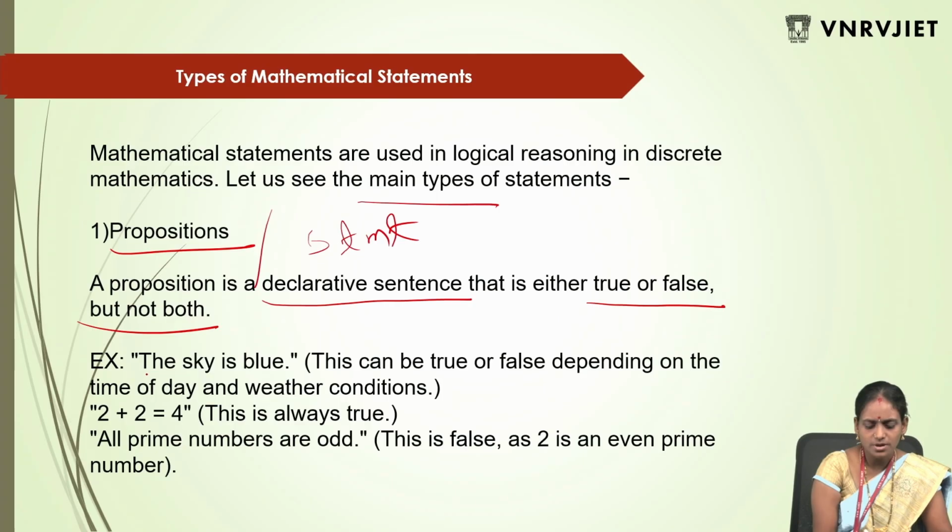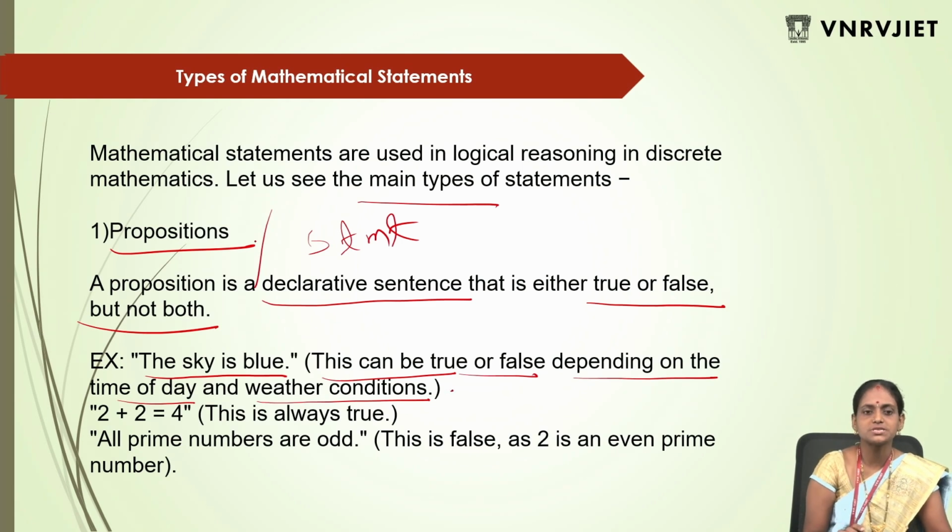Here I have given the example: the sky is blue. This can be true or false depending upon the time of the day and weather conditions. Upon climate conditions, the sky color can change. So according to that condition, we are going to produce the result as either true or false. This type of statement comes under propositions.